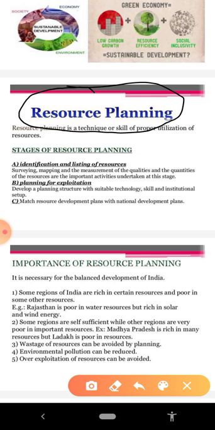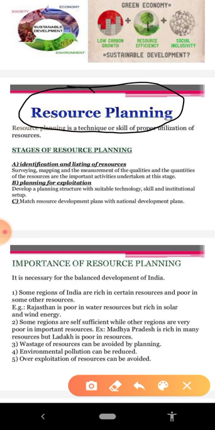Resource planning involves three stages. First one is the identification and inventory of resources in an area. This involves surveying, mapping, and assessing the quality and the quantity of resources.